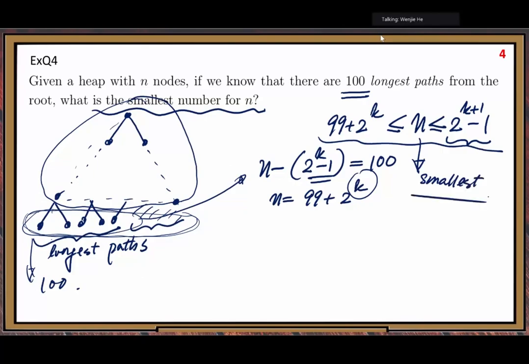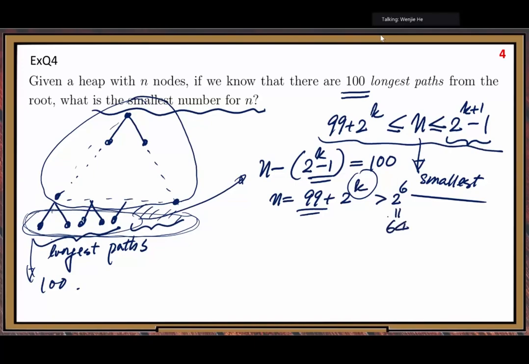So we do it from the lowest possible level, so we can complete quickly. Because n is greater than 99 plus 1, that means this number is greater than 2 to the 6th. 2 to the 6th is 64, right?